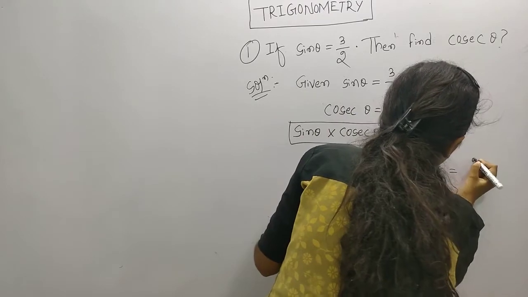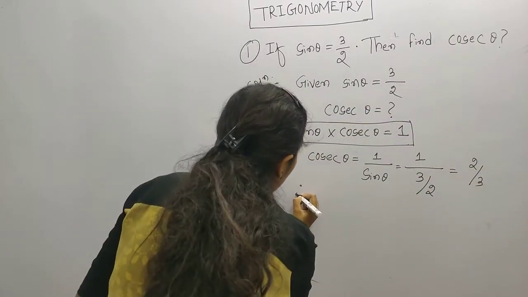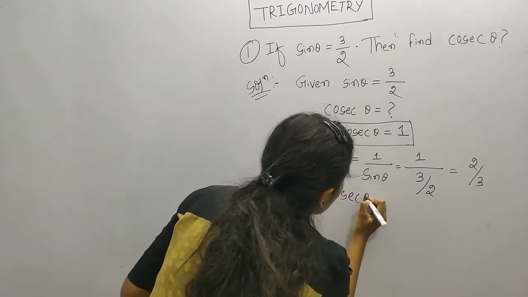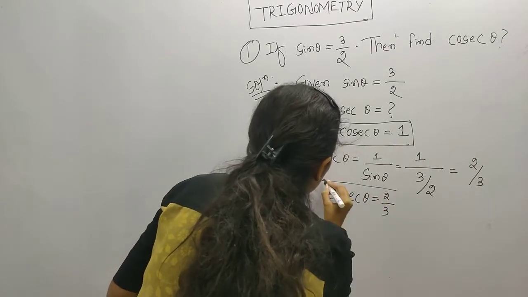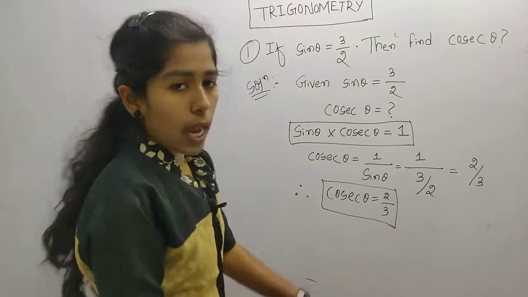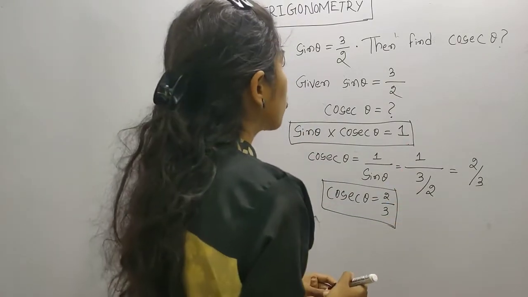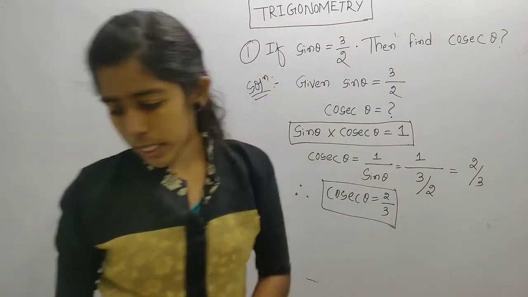Then it will become 2 by 3. So therefore cosec theta equals to 2 by 3. So like this we can find the reciprocals part. So over sin theta and cosec theta, let's move to cos theta.